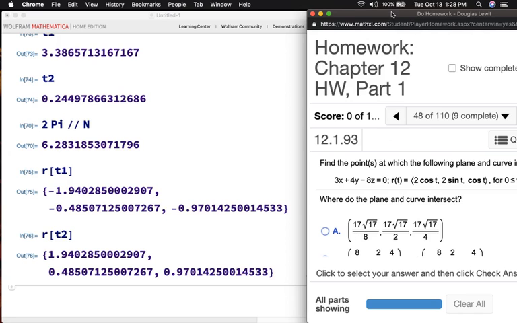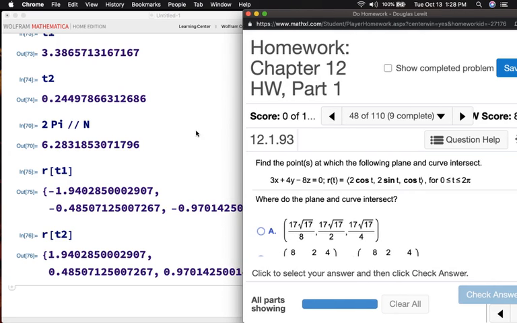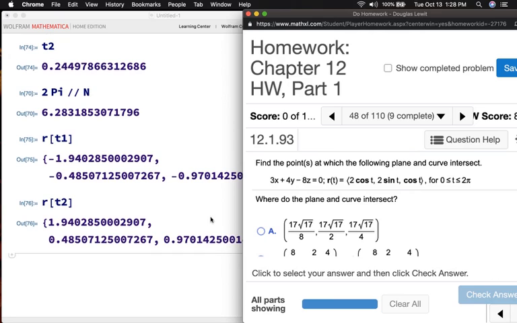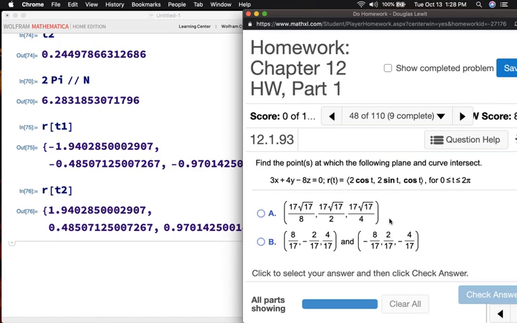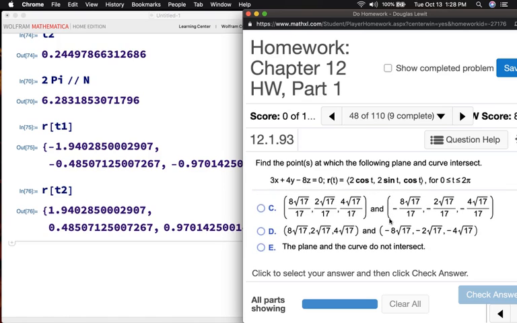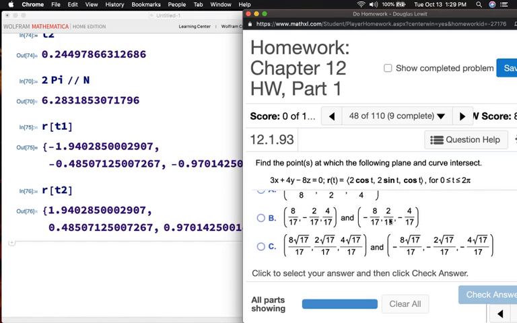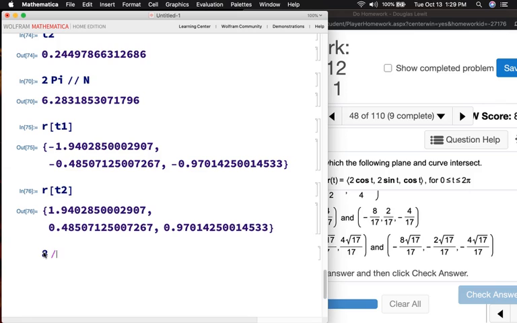So let's go over here. I'm going to look at the first answer. What is 17 times the square root of 17 divided by? Well, I know there are two answers, so it can't possibly be A. It can't be E. Let's take a look at B. What is 8 over 17?